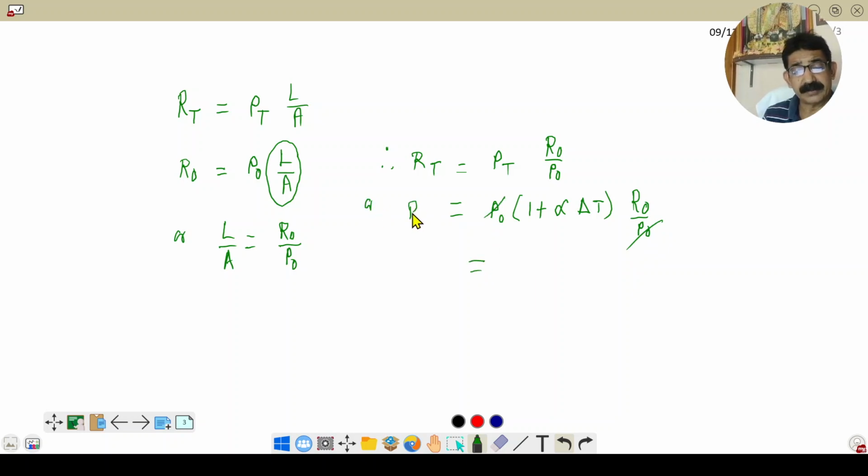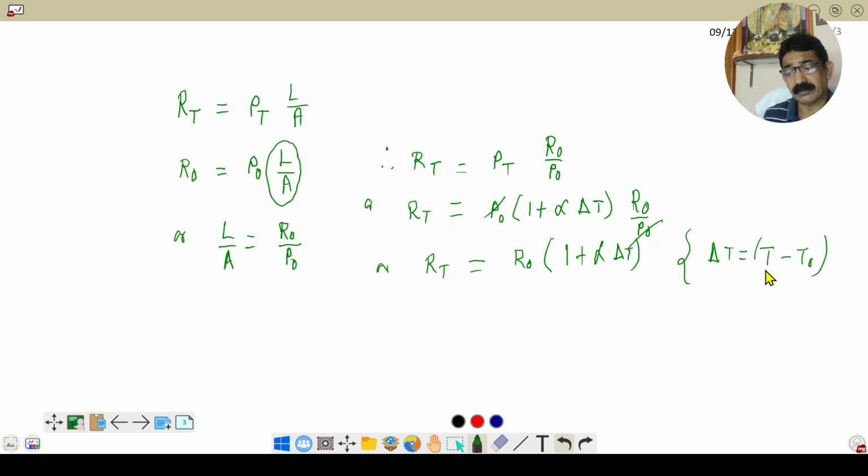That implies R T is equal to R naught into 1 plus alpha into delta T, where delta T is equal to T minus T naught. This is the temperature difference.